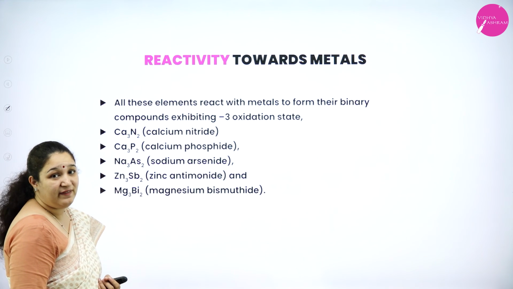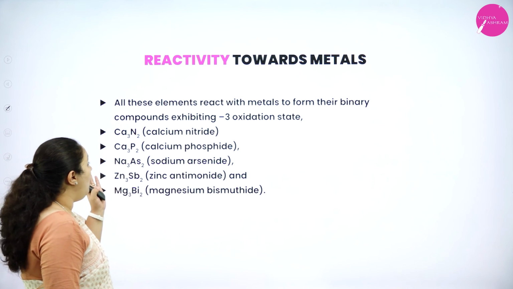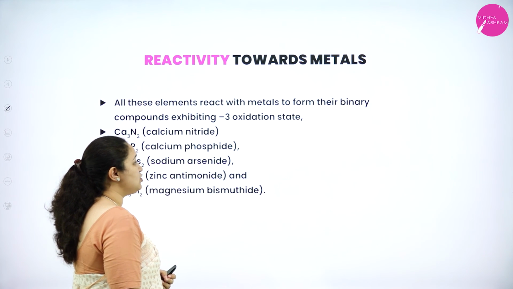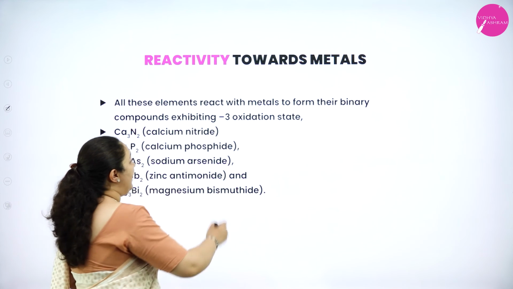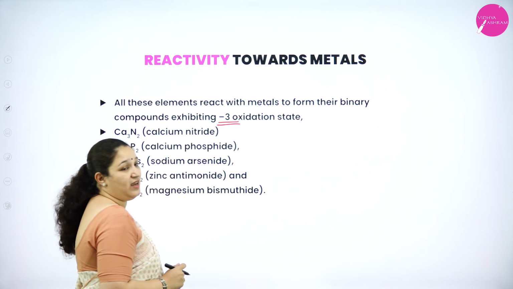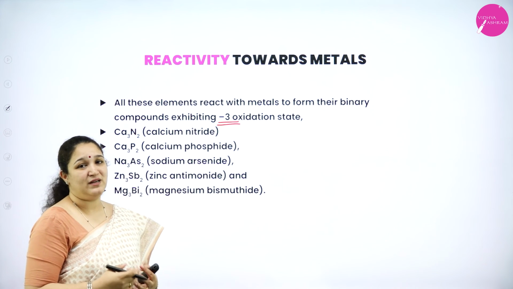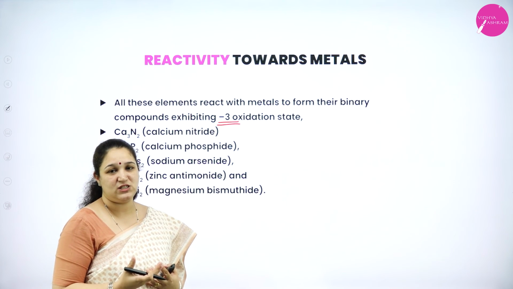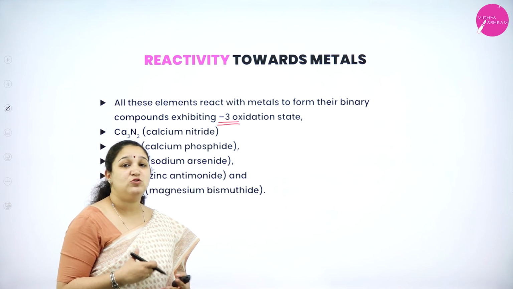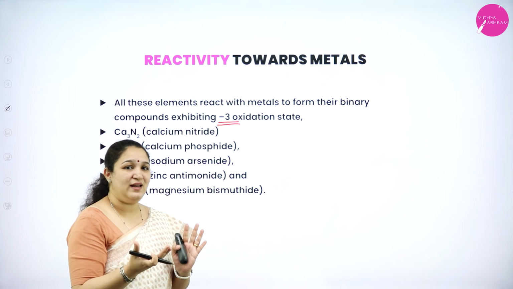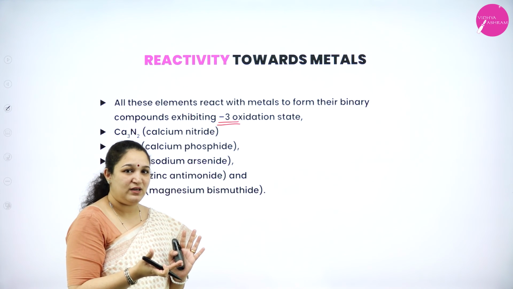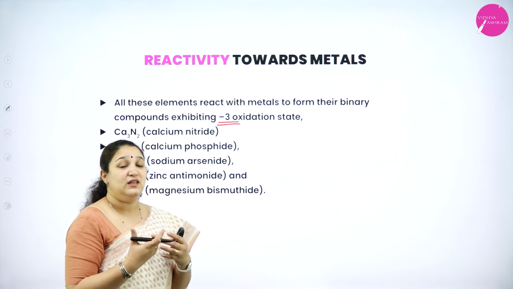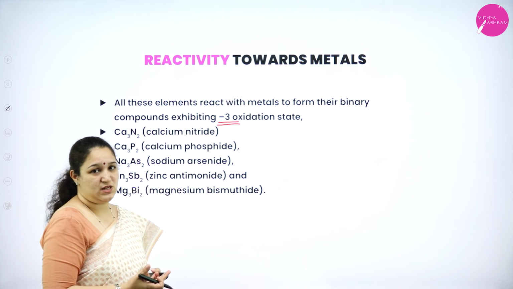Next is reactivity towards metal. All the elements react with metals to form a binary compound exhibiting -3 oxidation state. We know that metals show plus oxidation state, that is, they have a tendency to form cations. So the other element, the group 15 element, what is it reacting with? They show -3 oxidation state.